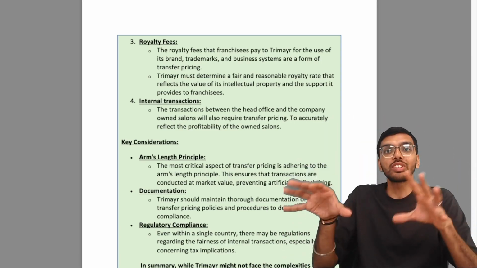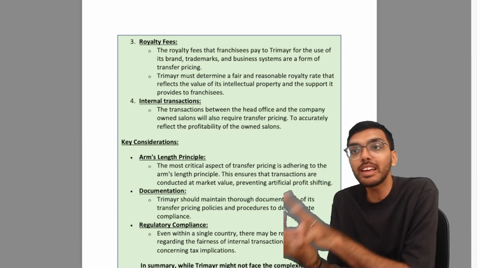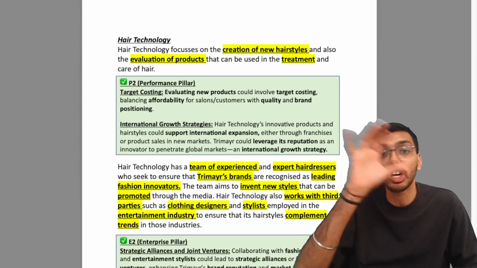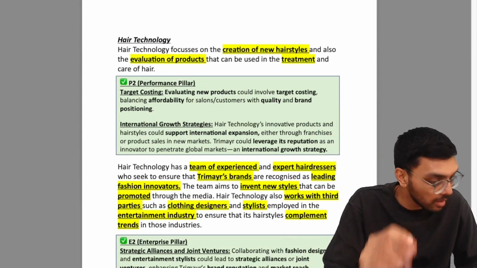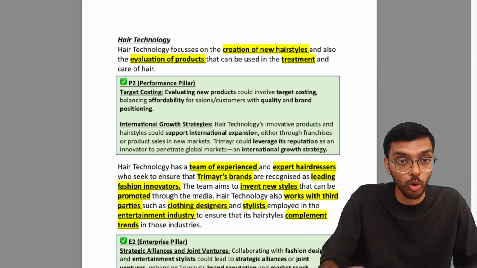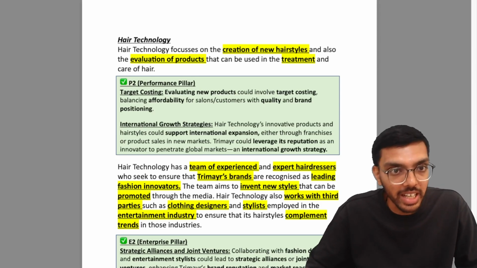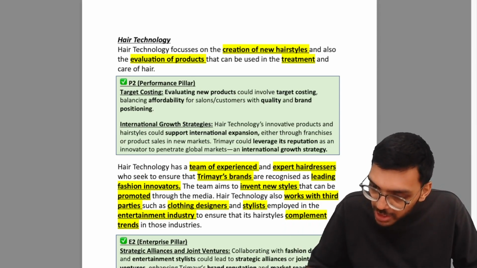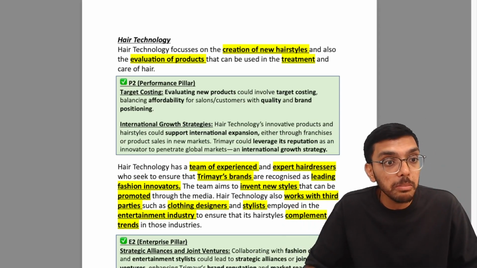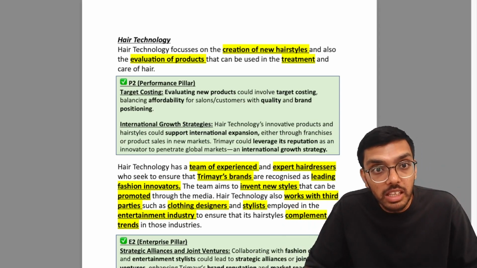So both scenarios, locally as well as globally, you should keep in mind from the transfer pricing discussion perspective. Very important. That is why I've given a whole table on it and on big data. So pause the video here and read through these tables again if need be, because these are very, very, very important.